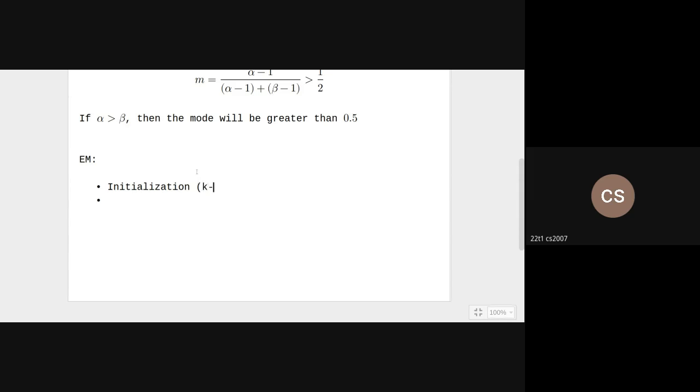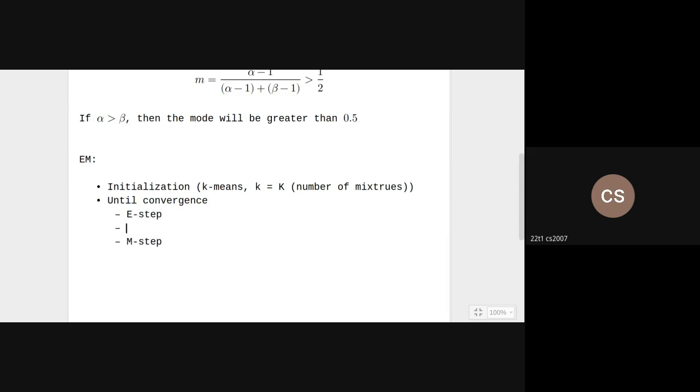We use k-means with k equal to capital K, the number of mixtures. So you do the initialization, and then until convergence, you do two steps: the E step, and then the M step.